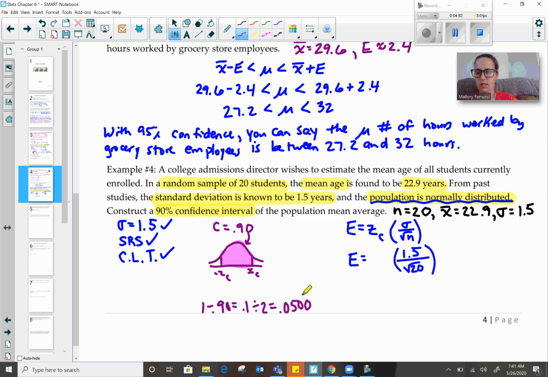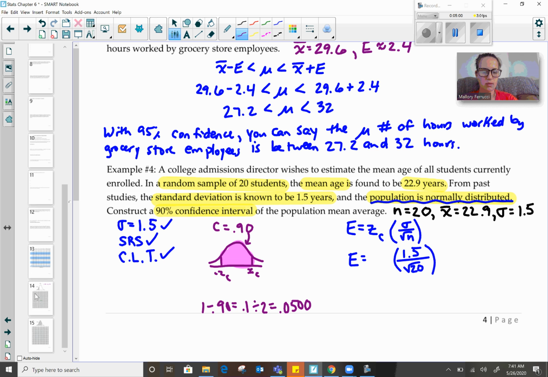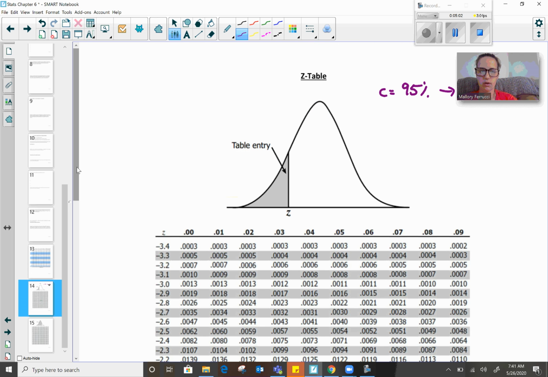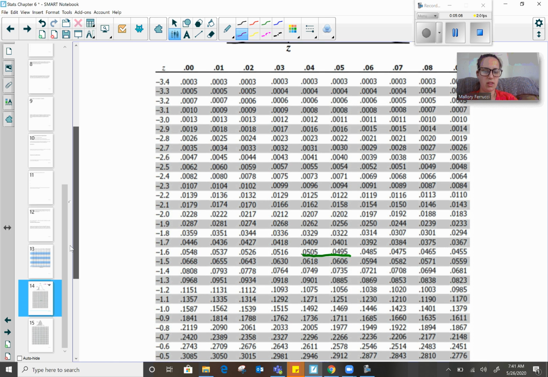Okay, let's look in our z table to find that area there. Let's see, 0.0500. I already have it underlined for us. Look, it's right here, but it's right in between them.